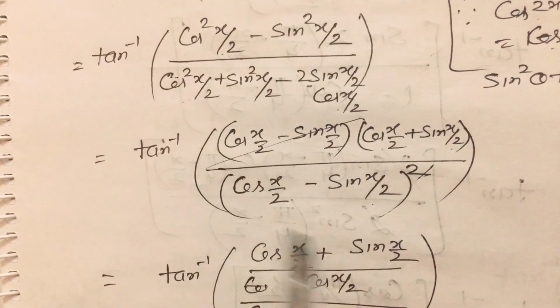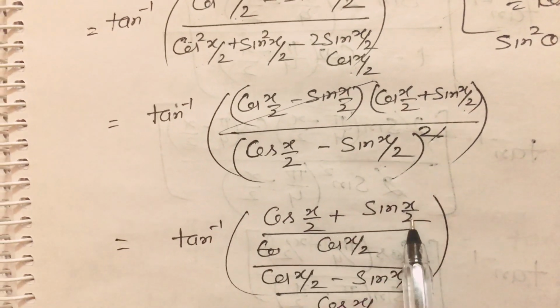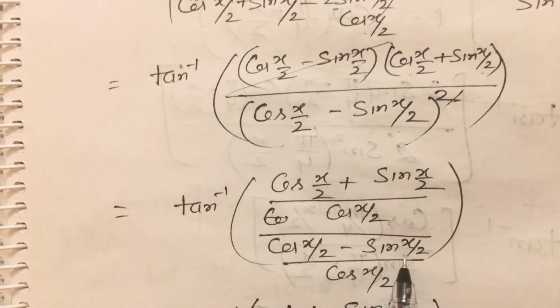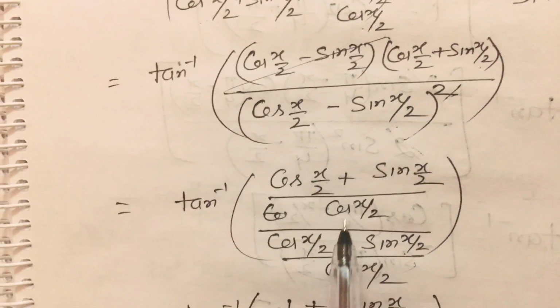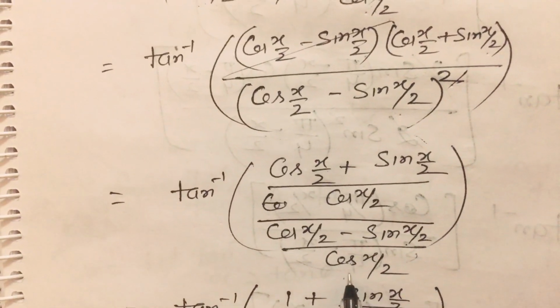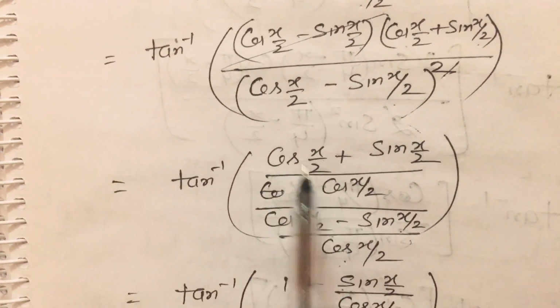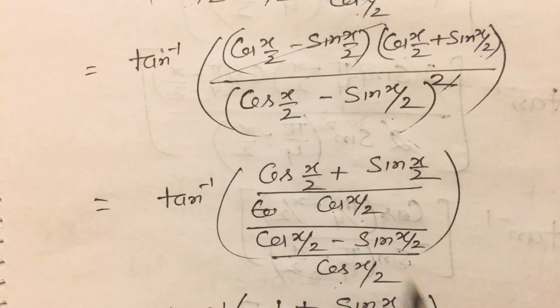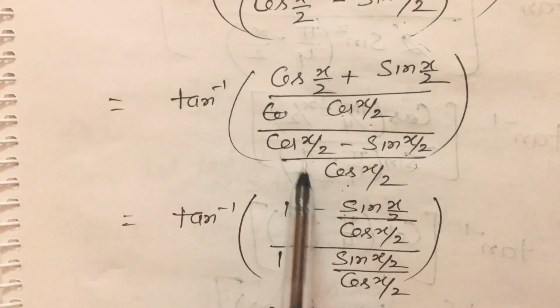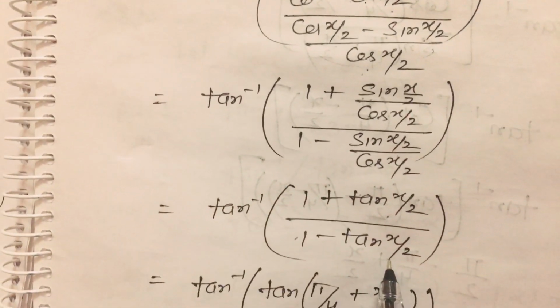And look at the numerator, this is a square minus b square. We can write a minus b into a plus b. So this is cos x/2 minus sin x/2 into cos x/2 plus sin x/2, and the denominator is cos x/2 minus sin x/2 whole square. So we can cancel one. What is left here? Cos x/2 plus sin x/2 on top, and cos x/2 minus sin x/2 below. After this, we divide numerator and denominator by cos x/2. Then cos x/2 upon cos x/2 is 1, sin x/2 upon cos x/2 is tangent x/2. The denominator will be 1 minus tangent x/2.